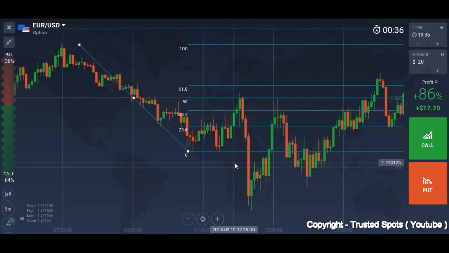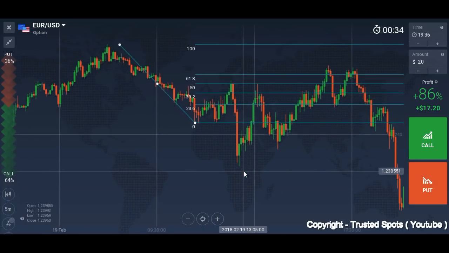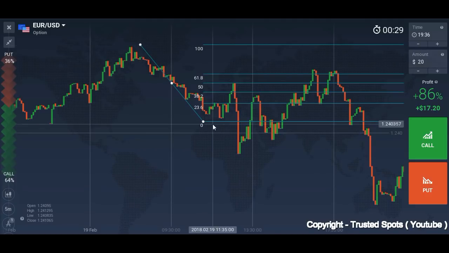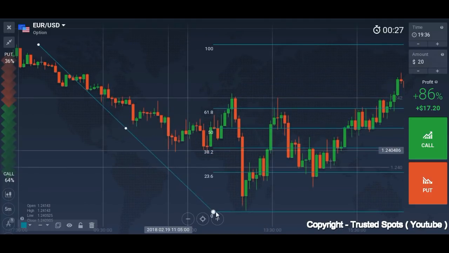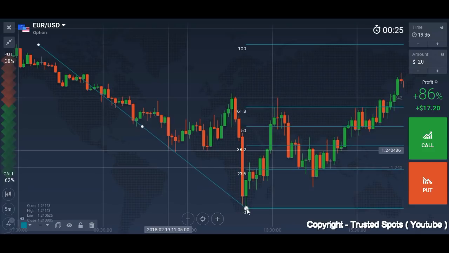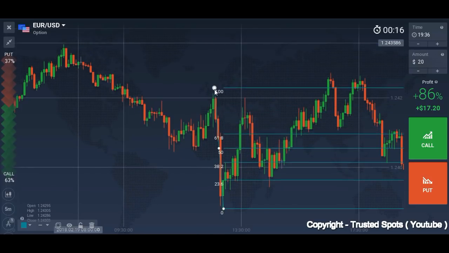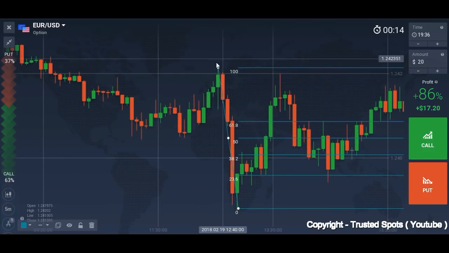Now if you look carefully here, let me first draw the level again. Okay, so now I have selected the overall trend till this point. If you are trading on a smaller time frame, you can select this highest point and this as the lowest point, which will work for sure.